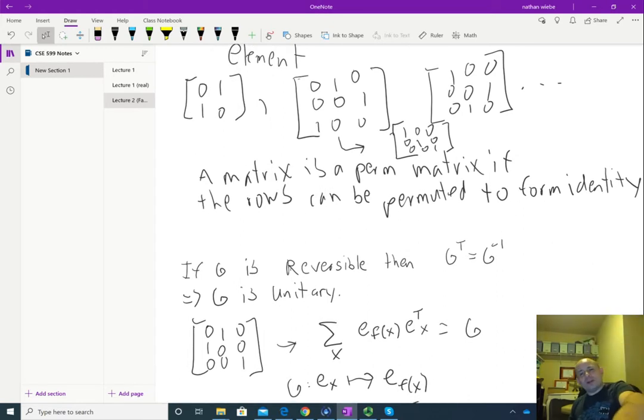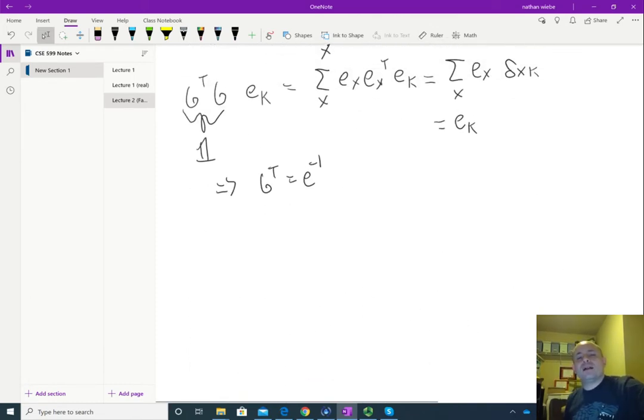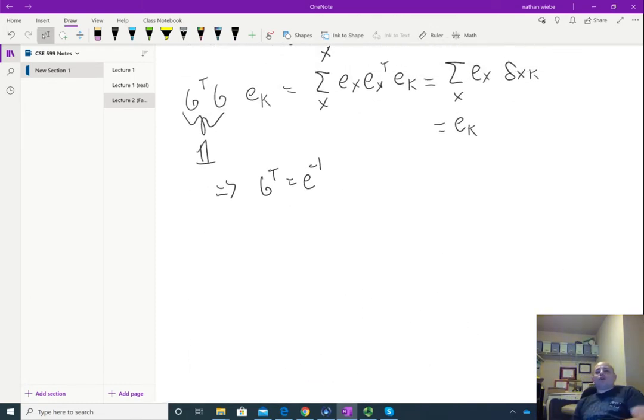I guess this one isn't. But in any case, the fact that the transpose ends up giving us the inverse is something that we're going to see is very cool and reminiscent of what happens when we transition from classical computing to quantum.